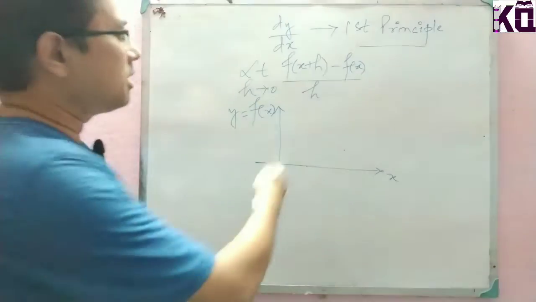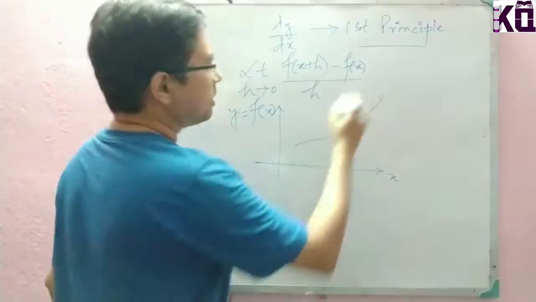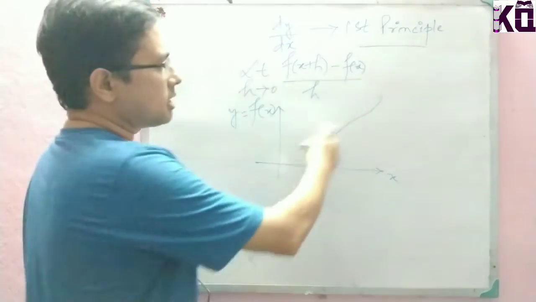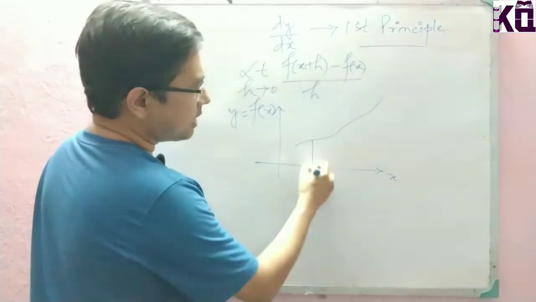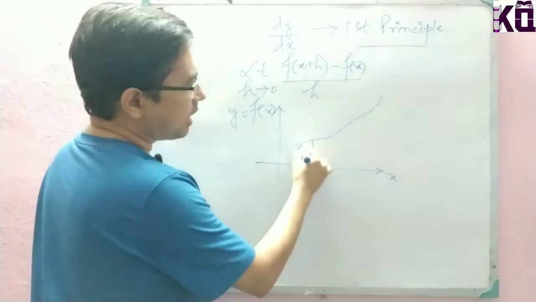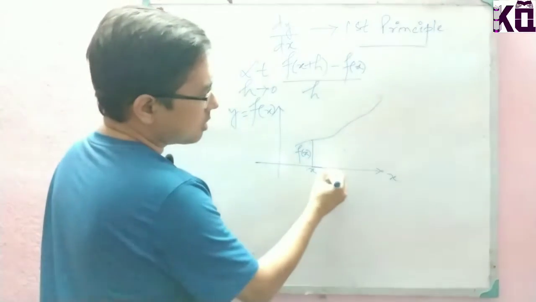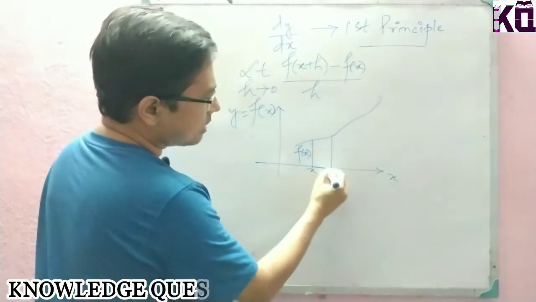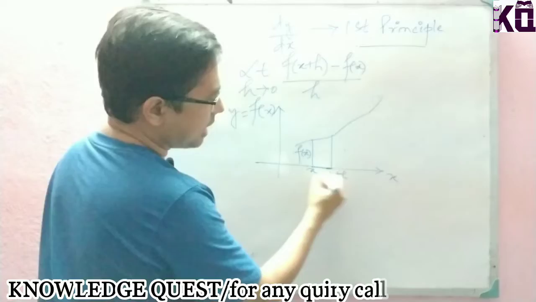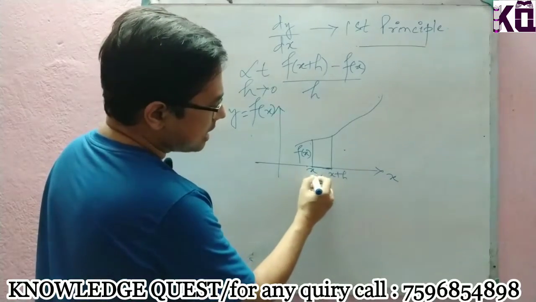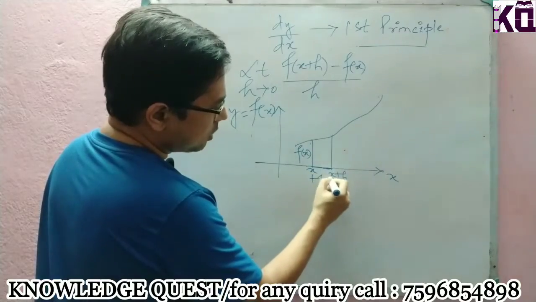Now say there is one typical kind of graph, whatever it may be. For this f(x), say for this x we are identifying the value f(x), and for a small interval we are getting x plus h. That means this is the value h from this one to this one.